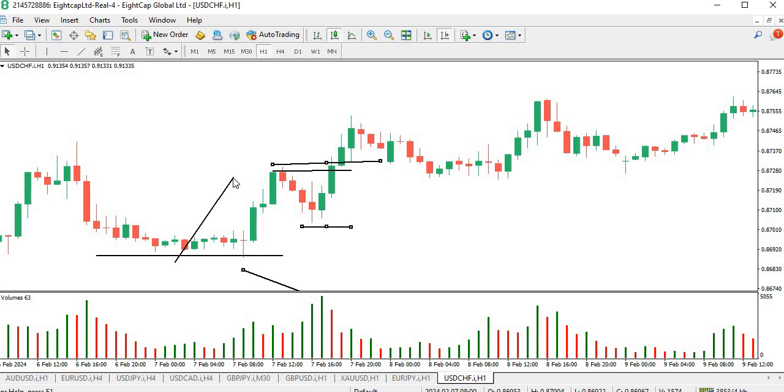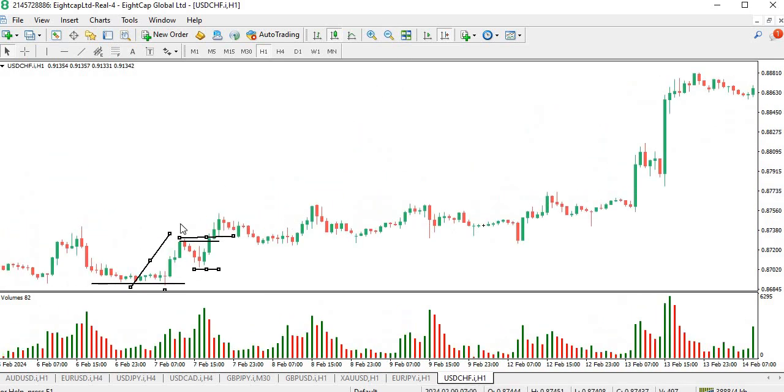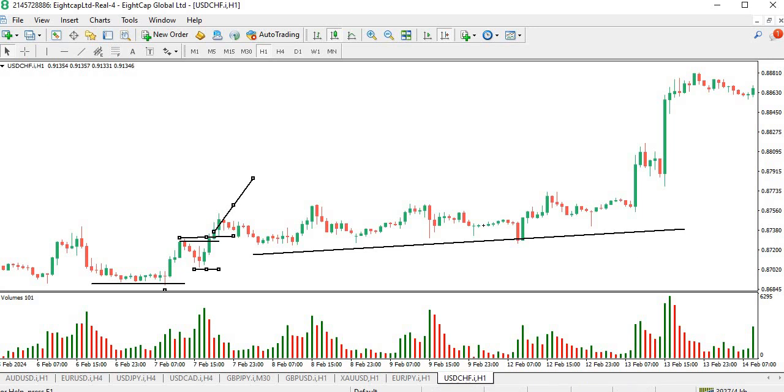Again, I'm showing examples of all three charts. It took the market almost 50 pips to form this pattern. Now minimize it a little, and you can see the market would have easily achieved this target. Yes, the market consolidated at this point, but it's okay. We will have to wait for the pattern to either hit the target or hit the stop loss.